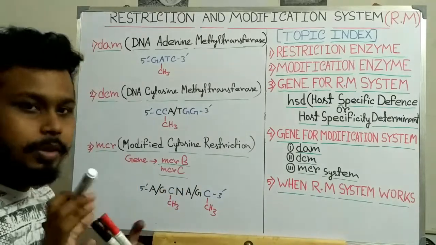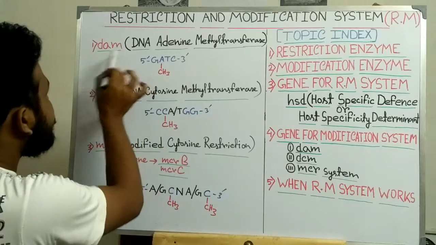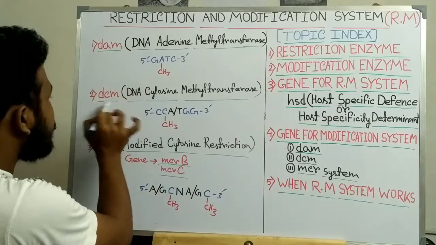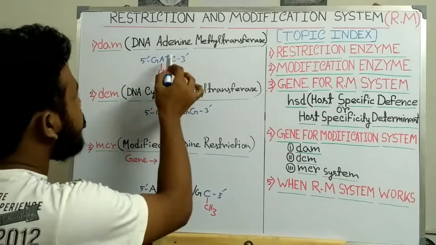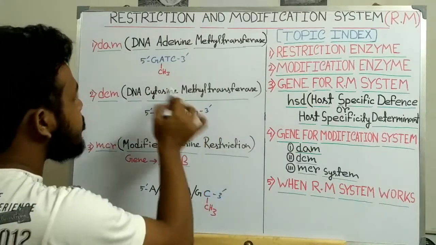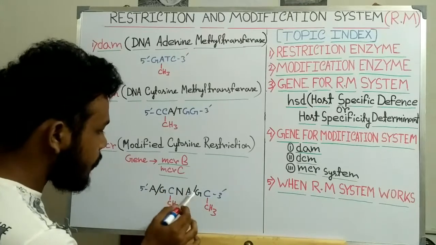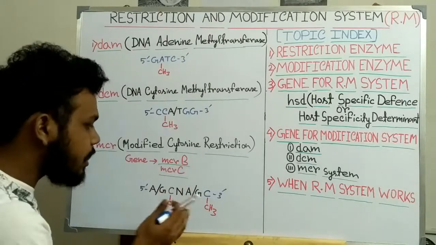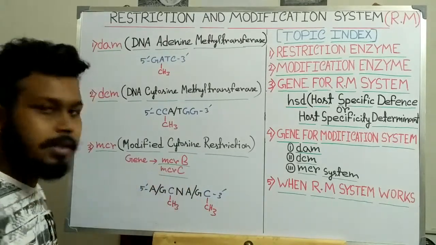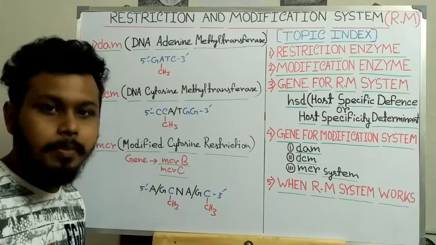So the main thing is that in DAM methylation and in DCM methylation, the modification is done by these enzymes. Okay, but here in the MCR system, the modified DNA is cut by these MCRB and MCRC gene products.